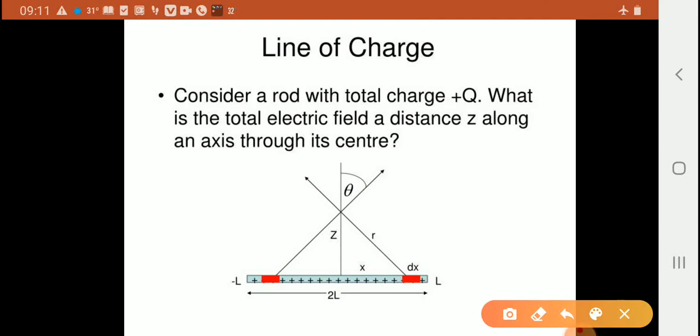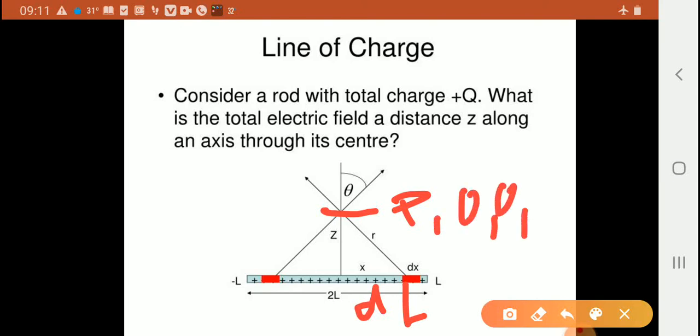Consider a small segment of line charge dl. Let this line charge dl be at a point, suppose 0, 0 and z on the z axis. That means dl equals dz.